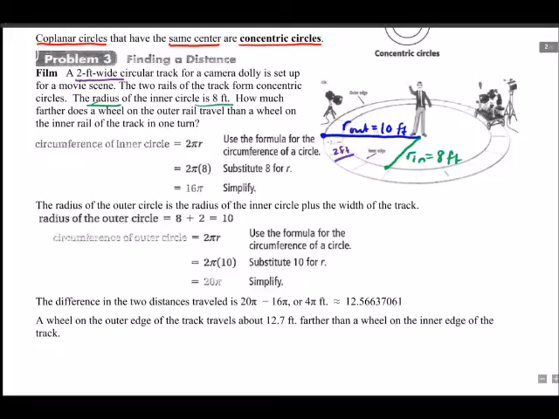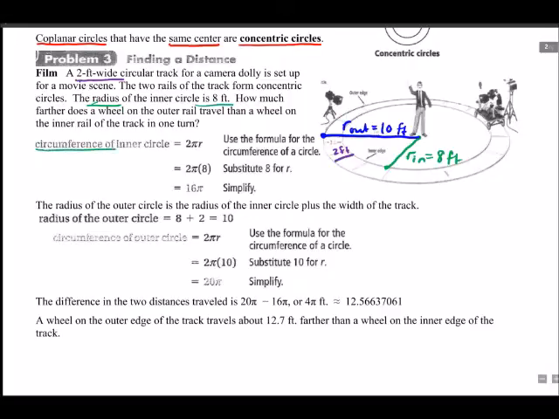If you're running around the inside, you're going a lot less of a distance than if you're running around the outside. This is why for track and field competitions, runners on the track, you start running at different places. They're staggered so that the people on the outside are not running farther than the ones on the inside. So anyway, our outside wheel is traveling farther.